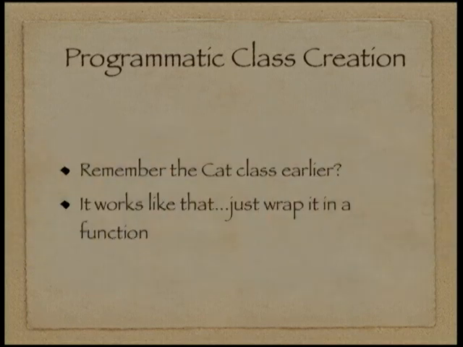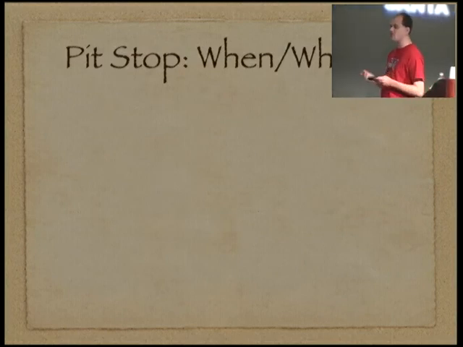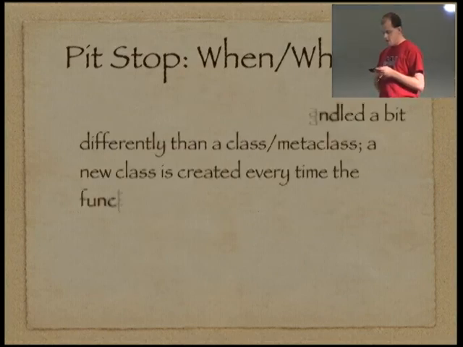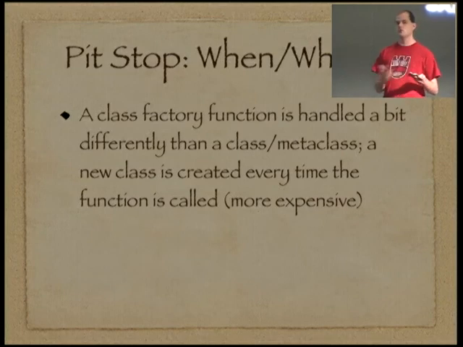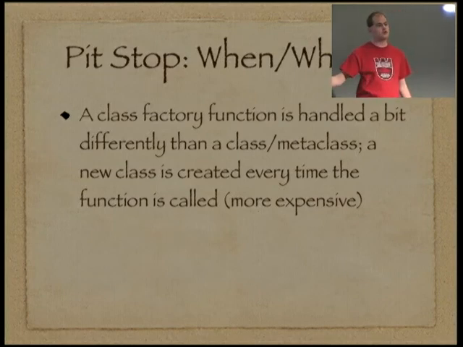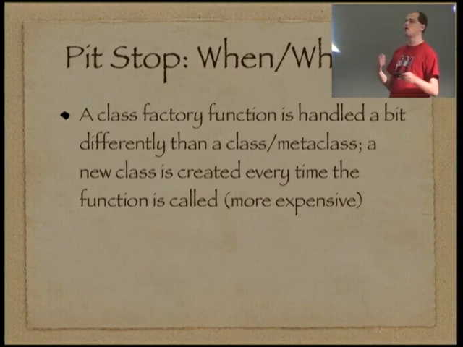Remember that Cat class? Wrap it in a function. If you wrap it in a function, then a new class is being generated every time the function is called. Now, of course, there are some disadvantages to this. There are reasons not to do it. A class factory function is handled a little bit differently than a class. In particular, a new one is created every time you call the function to return it. So you have some expense there.